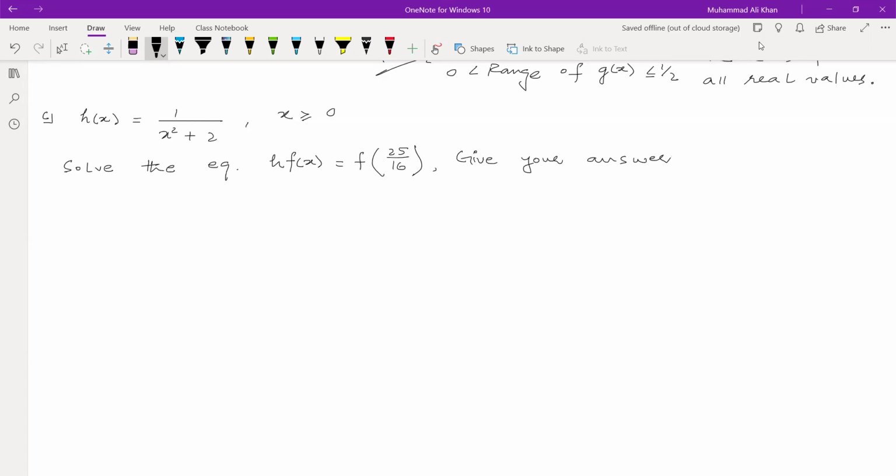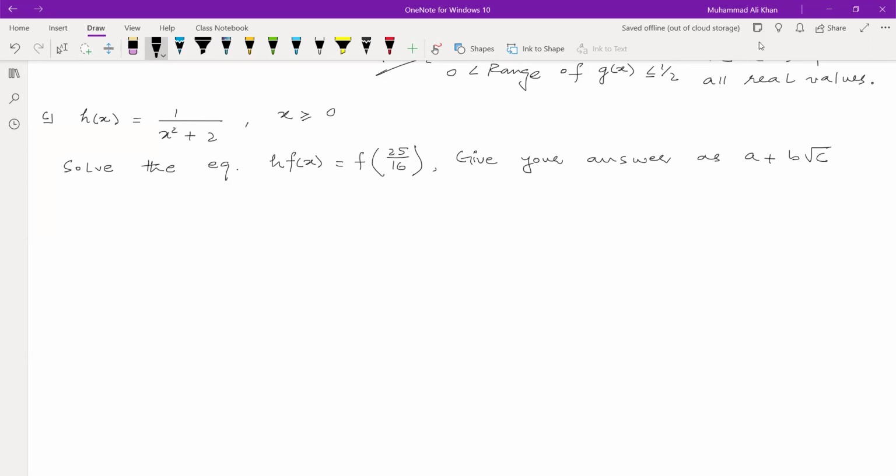Give your answer as a plus b under root c, where a, b, c are integers.